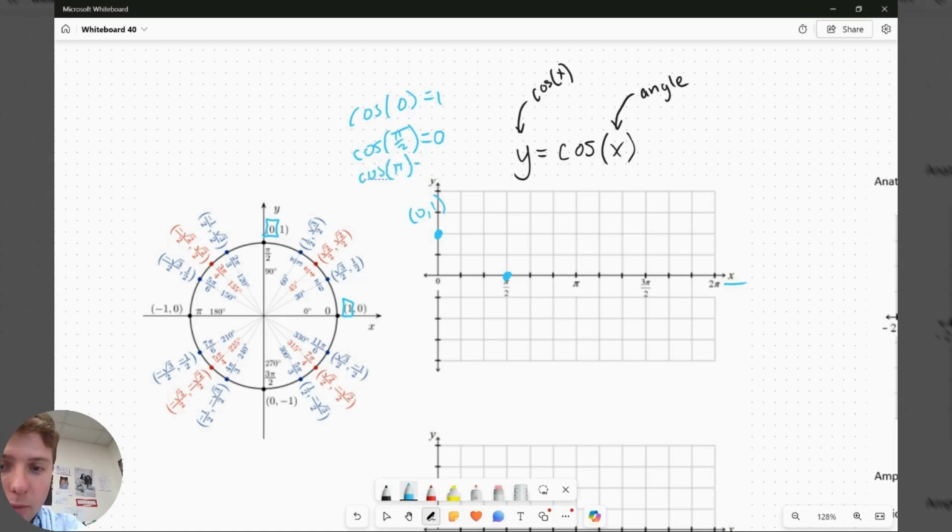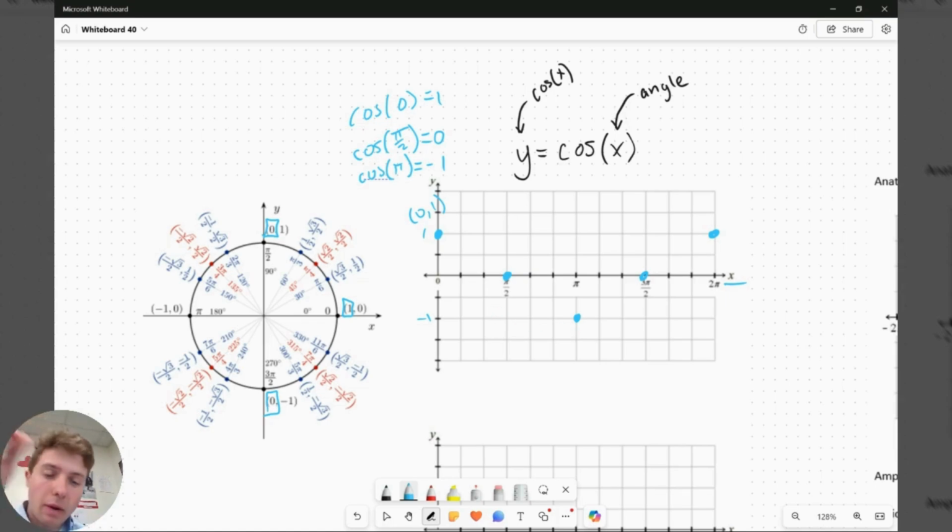Cosine of pi is -1. Cosine of 3 pi halves is 0. You could go to 2 pi, where the value brings you back to 1.